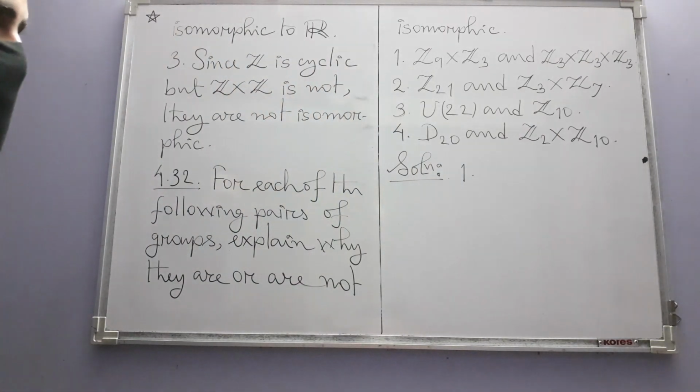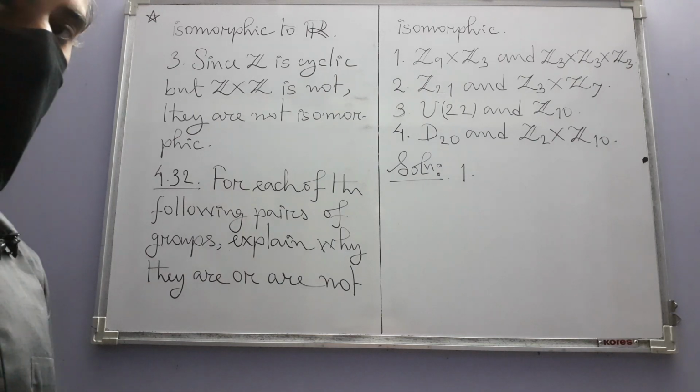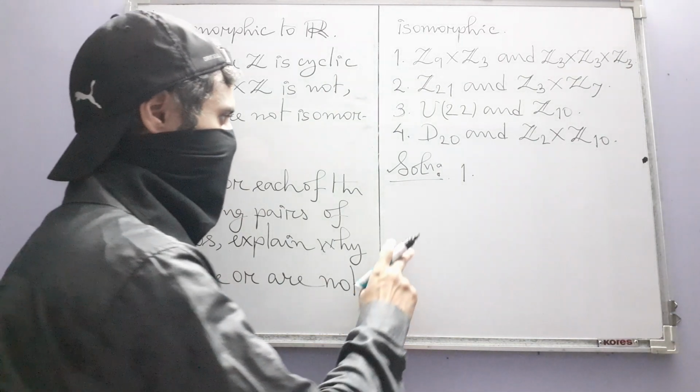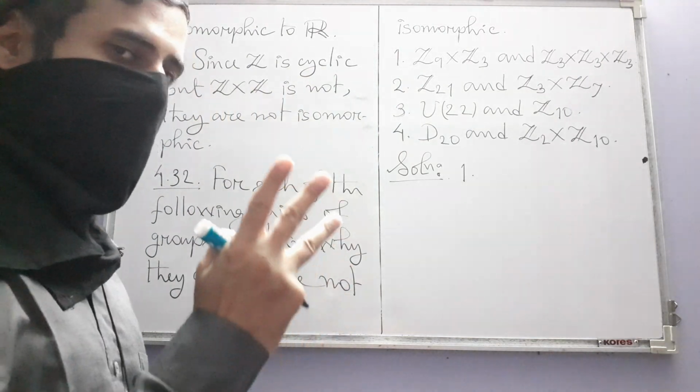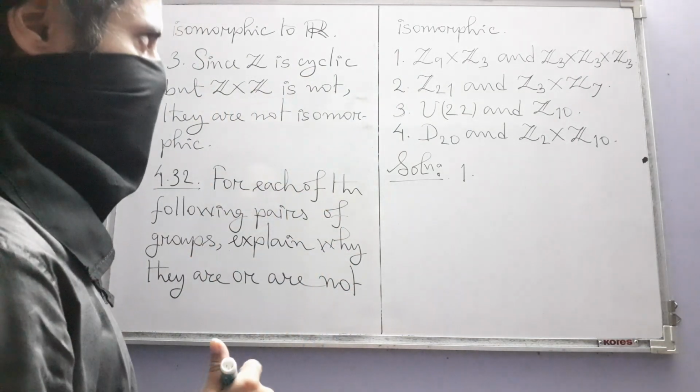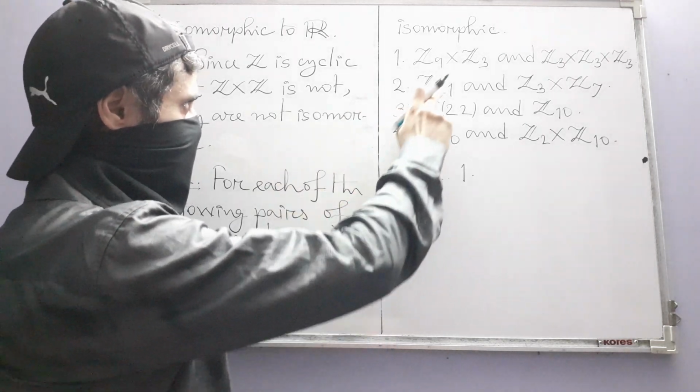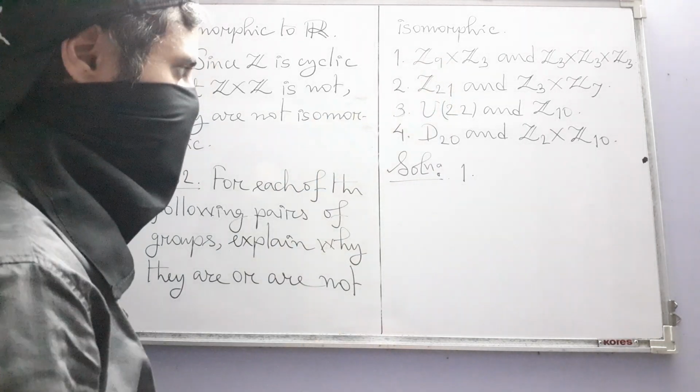Number 1, these two are not going to be isomorphic again because they have different numbers of elements of order 3. So let us first see what the elements of order 3 are in the first group.